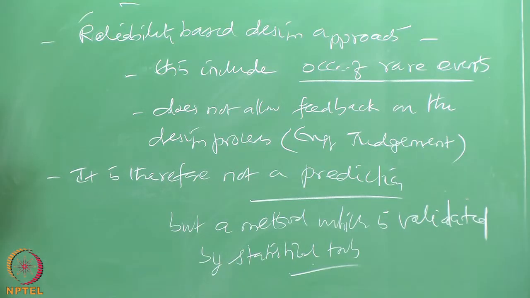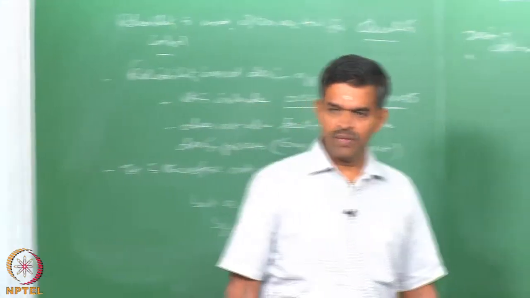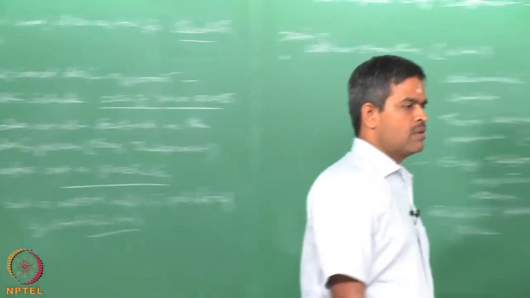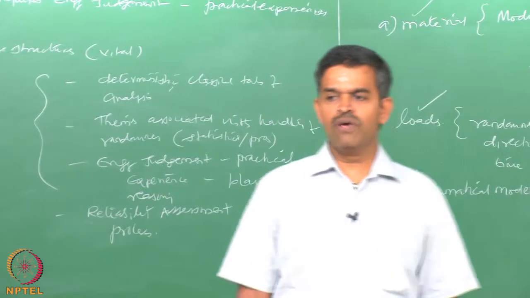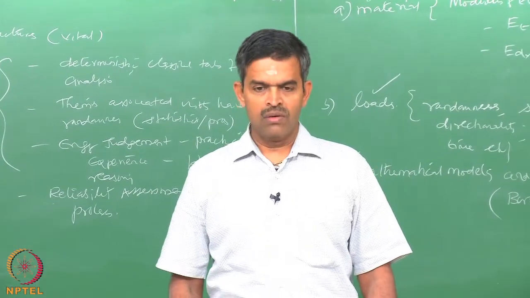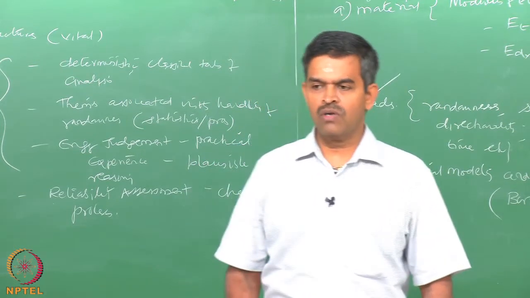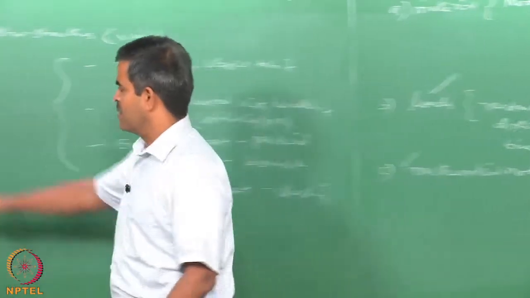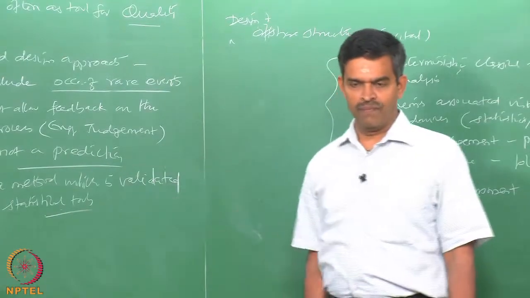So, we are not predicting anything, we are not foreseeing any failure, please understand that. Many of the people in the design department do really feel that the reliability index is actually a forethought of failure prevention. No, it is not actually a failure prevention forethought at all. It is not predicting anything, it does not predict anything at all.